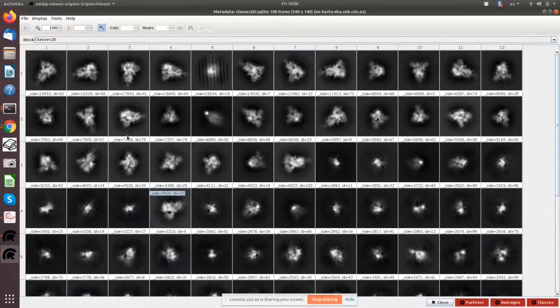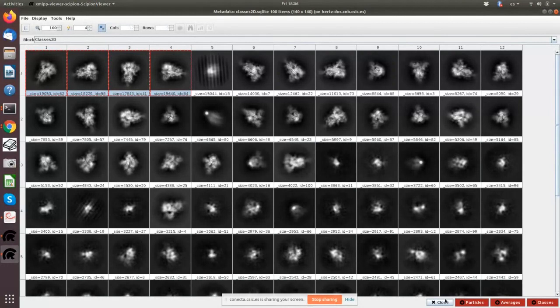They look like really the particle you are analyzing. Some of them look like contaminations, spots, or black dots in the images like this one, and then you choose the classes that you like. So you choose the ones you like and create a new set of particles.